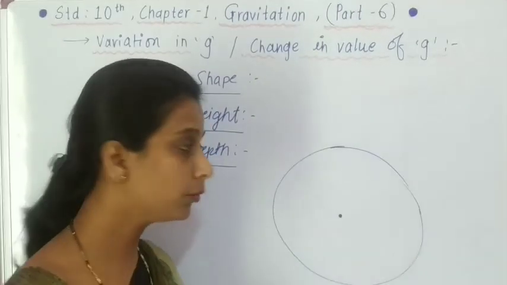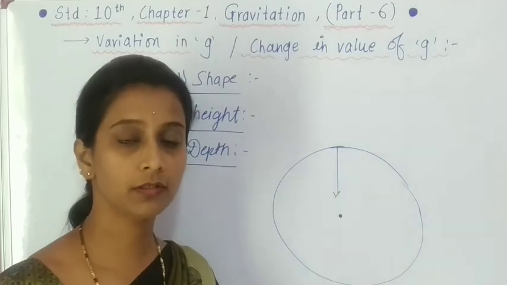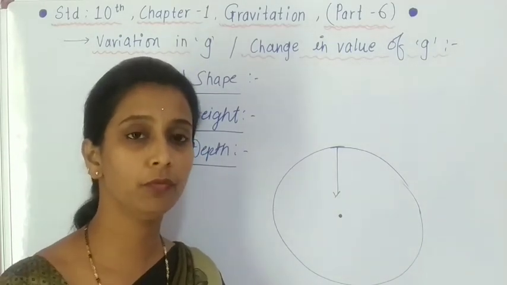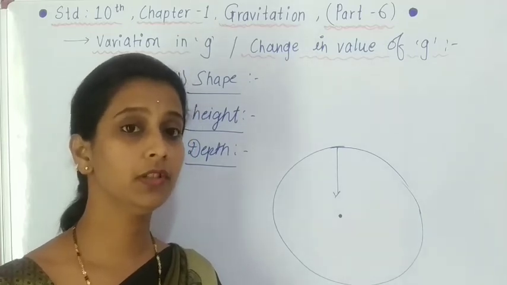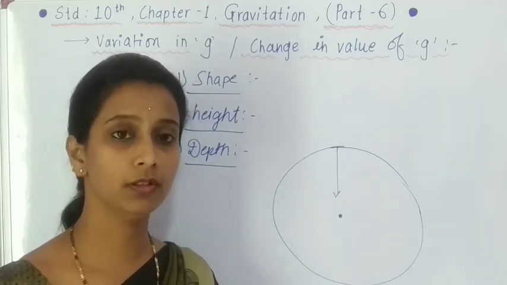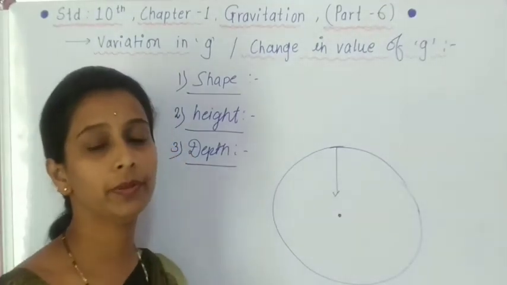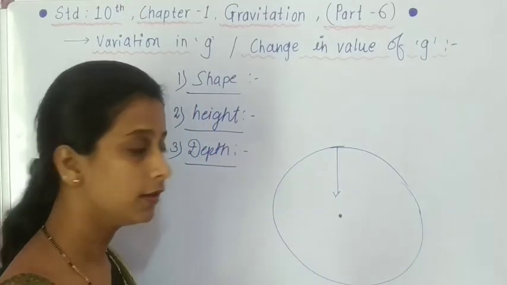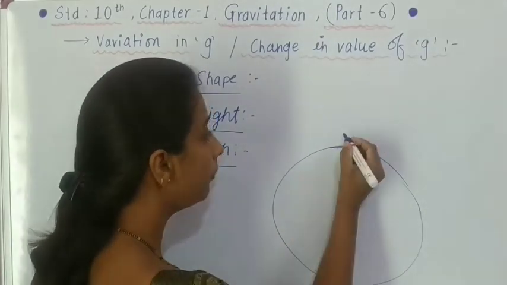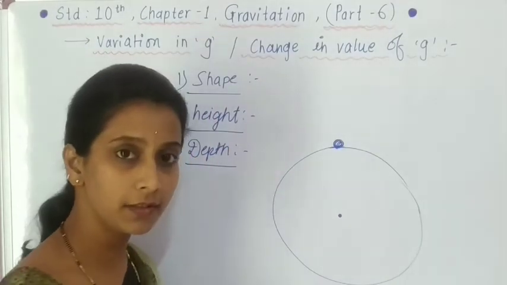If we try to go towards the earth's center, then the radius of the earth will decrease, and according to the formula, as the radius decreases, the value of g will increase, because these are in inverse proportion. But students, this does not happen here. Again suppose a person is present at the earth surface.